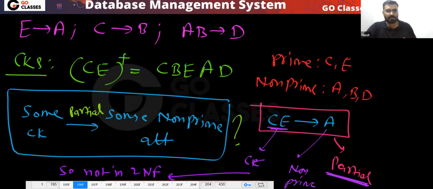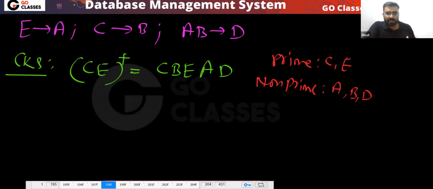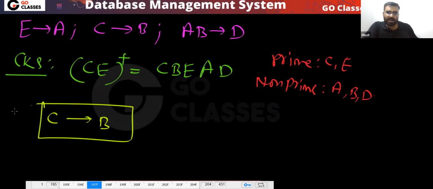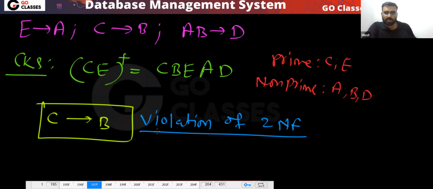Tell me, is this clear? This is one way of checking. What is another way of checking? Find the violation. You can notice that C determining B is the violation of 2NF. Why?